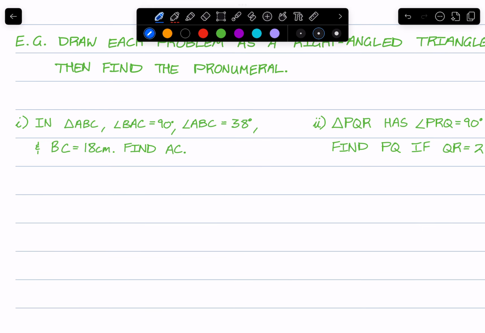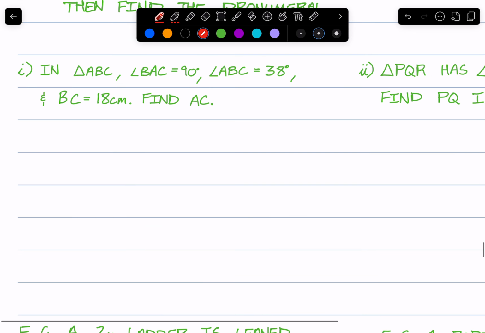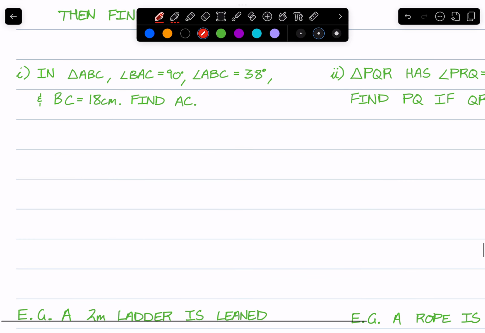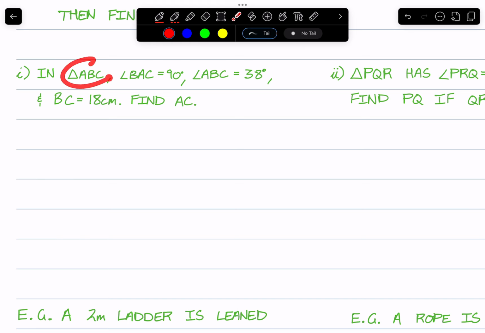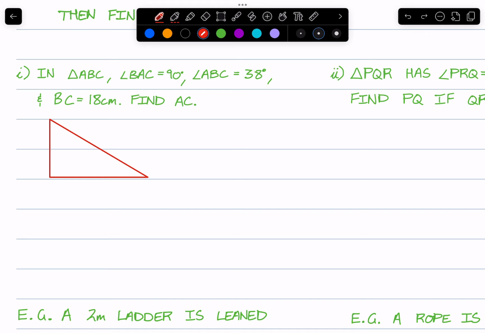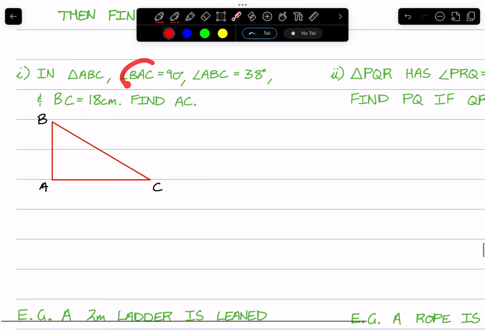The first step for any of these problems is to be able to interpret what is being asked of us. So here we have, in triangle ABC, angle BAC is 90 degrees. So we're going to label this as follows. We know it's a 90-degree triangle, and if this is B, A, and C, BAC is 90 degrees.